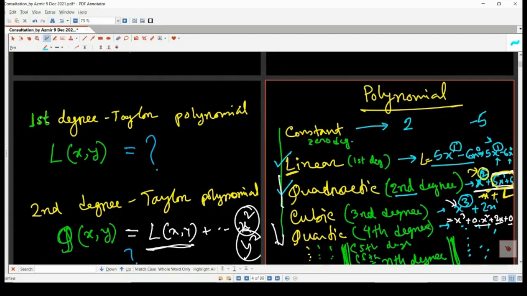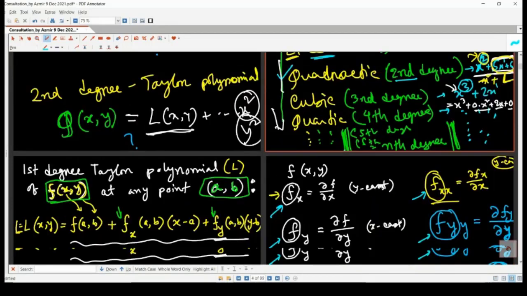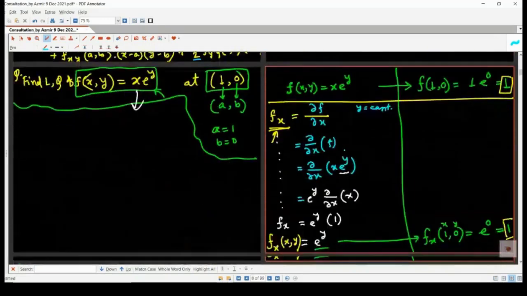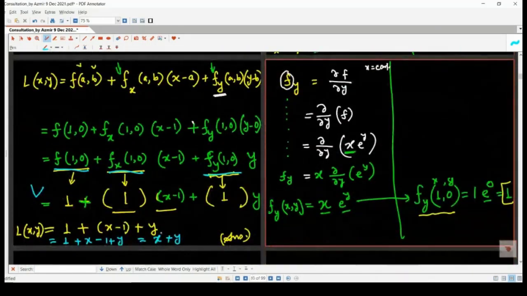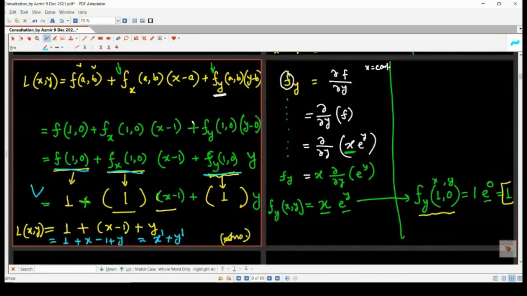So the highest power of x is 1. That means linear polynomials involve power 1. Since this is a function of two variables, both x and y have powers 1. That's why it is known as linear polynomial.